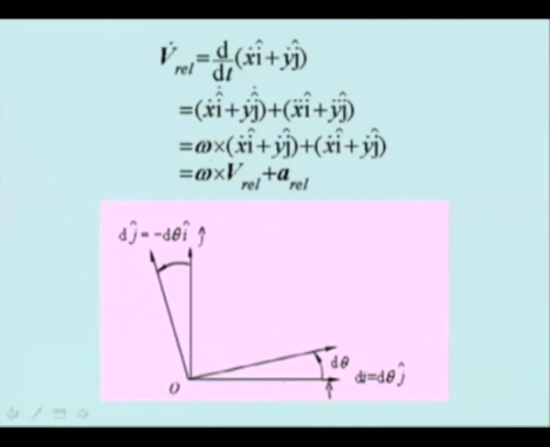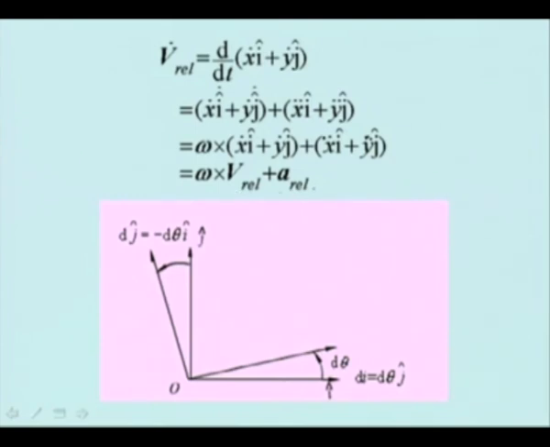This is equal to omega cross (x dot i plus y dot j) plus x double dot i plus y double dot j, which can be written as omega cross V_rel plus a_rel.